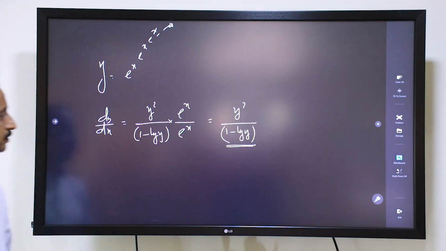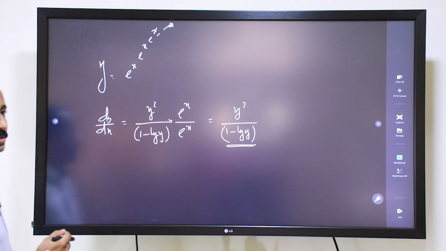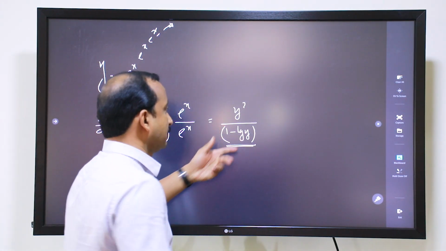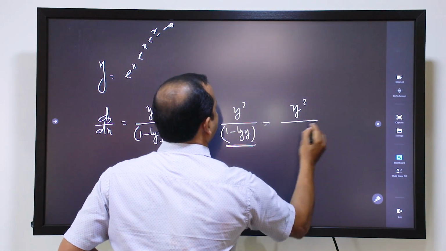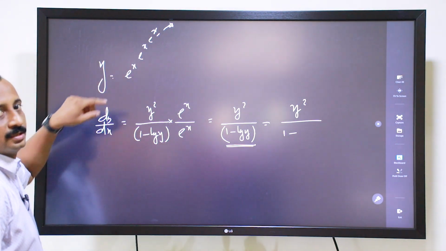That's all. In a multiple choice question, the answer may contain another second choice, that means y square divided by 1 minus log y, where y means e raised to x raised to y.